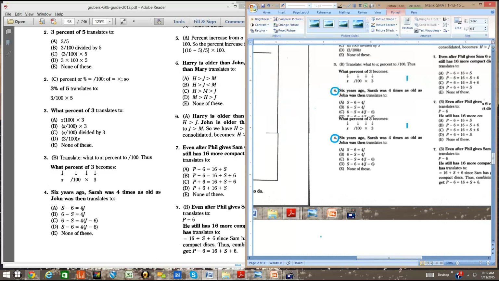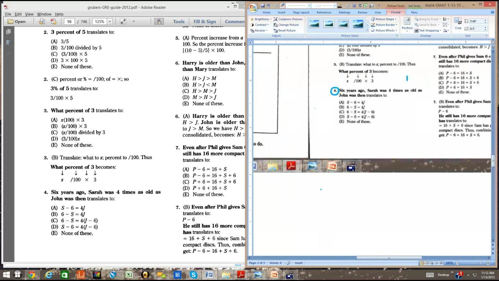So Sarah and John does not equal each other. I could do it my way. Doing it with the T chart is kind of weird. Go ahead and do it your way.